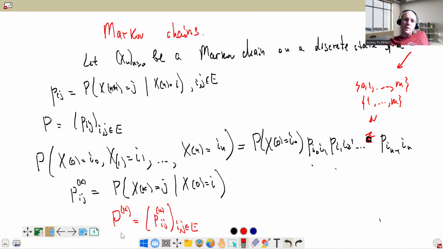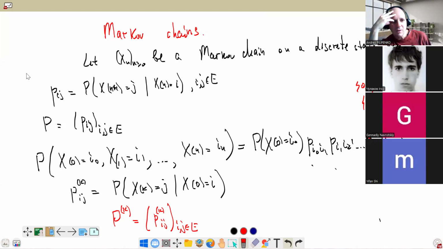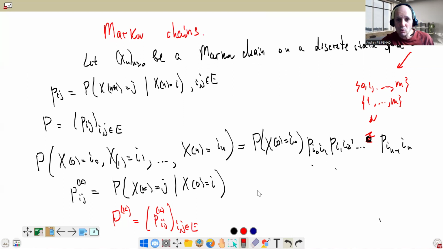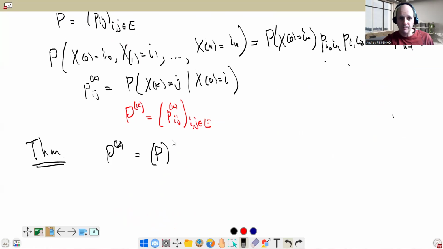And I have a question: how to find this matrix? Is there a simple formula? Yes, just take it to the kth power. Yes, great, thank you. Absolutely correct. This is an important theorem: the matrix of transition probabilities in k steps is equal to the matrix P, the transition probability in one step, raised to the power k, for all k greater than or equal to 0.